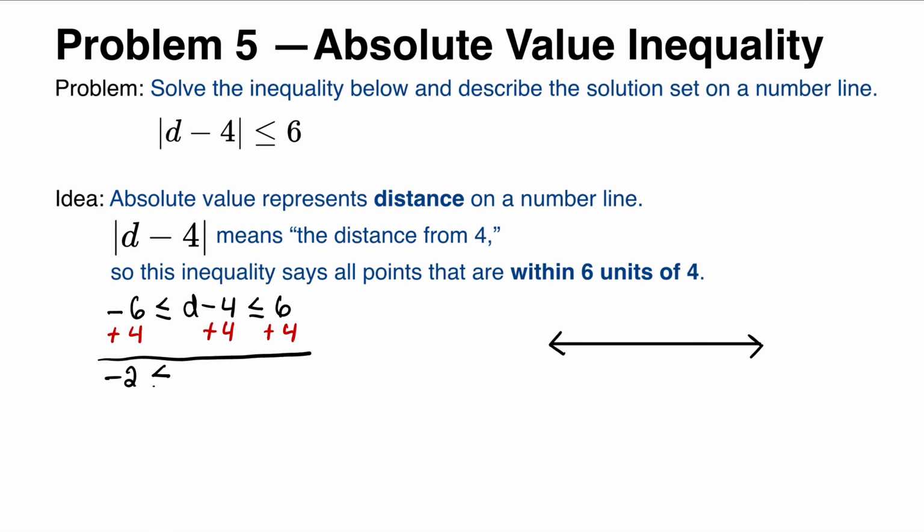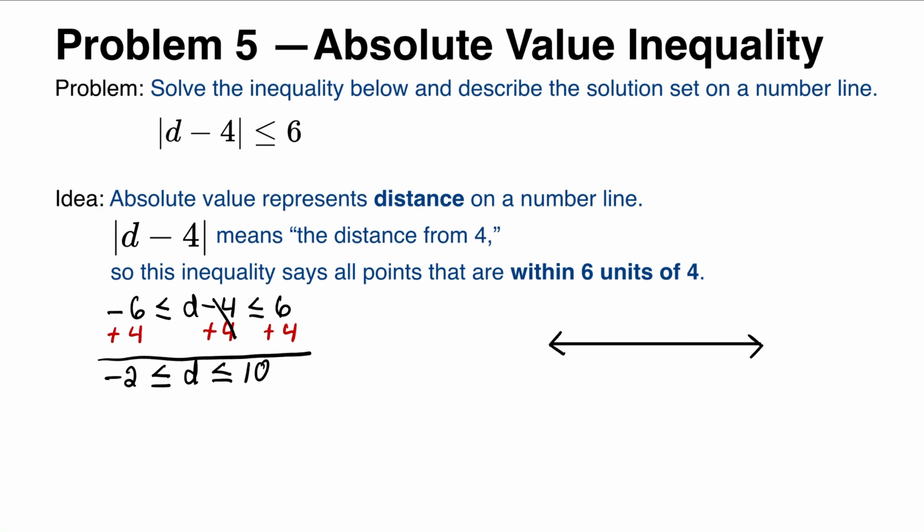Bring down the less than or equal to. For d minus 4, the -4 and +4 cancel out. You're left with less than or equal to 10. So this simplifies to -2 less than or equal to d less than or equal to 10.